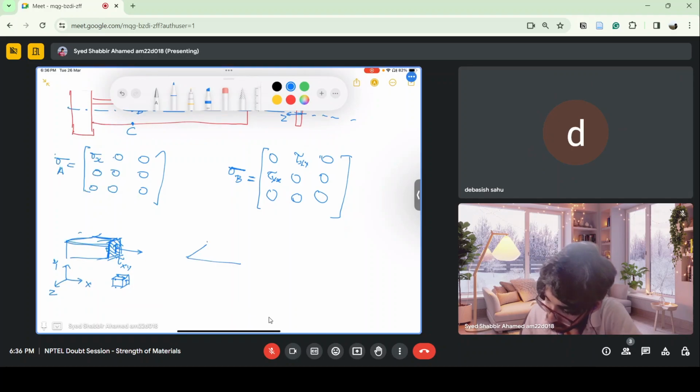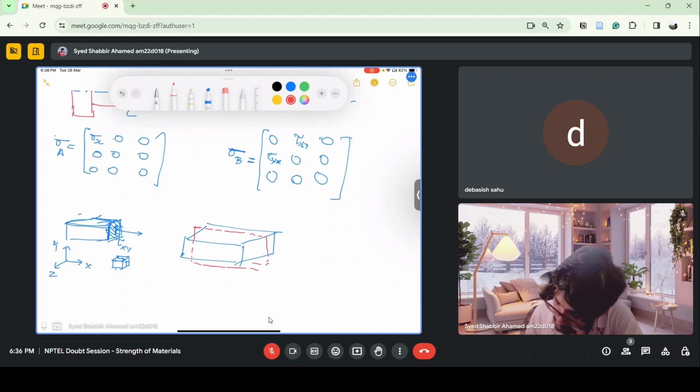So this is a beam. If I cut a section like this, this is a z plane, having the z-axis as its perpendicular.